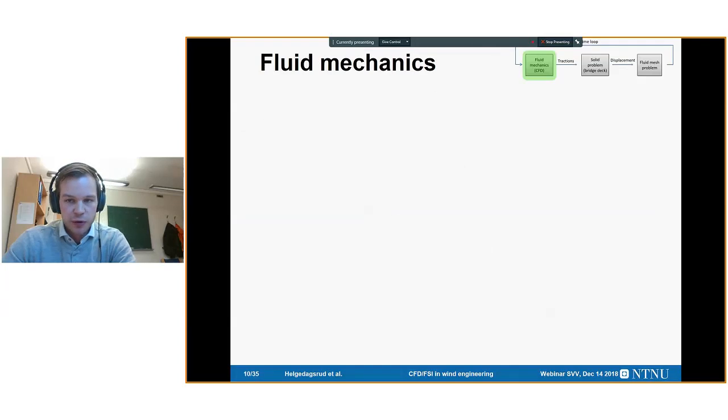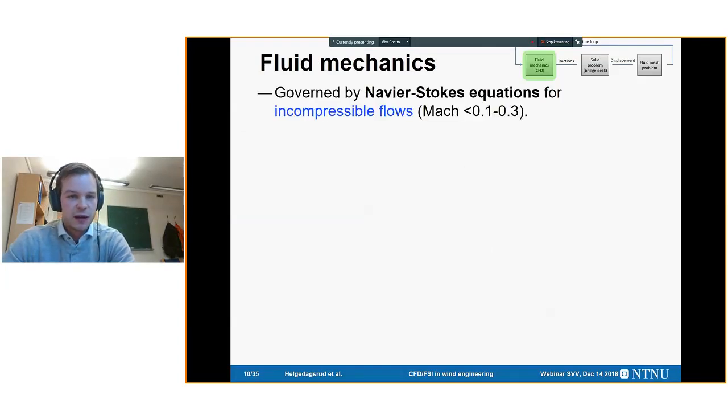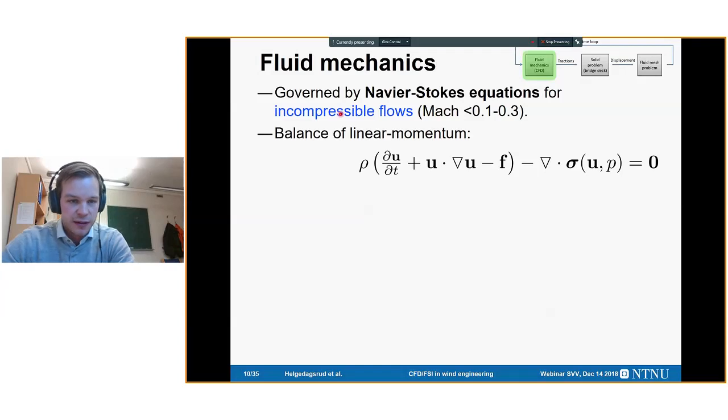So if we start with the fluid mechanics, it is governed by the Navier-Stokes equations. And for low Mach numbers, we can use the incompressibility constraints. And with this, the equations is like this. We have the balance of linear momentum, the Kraftlikevekt, and so we have the accelerations, the mass accelerations here.